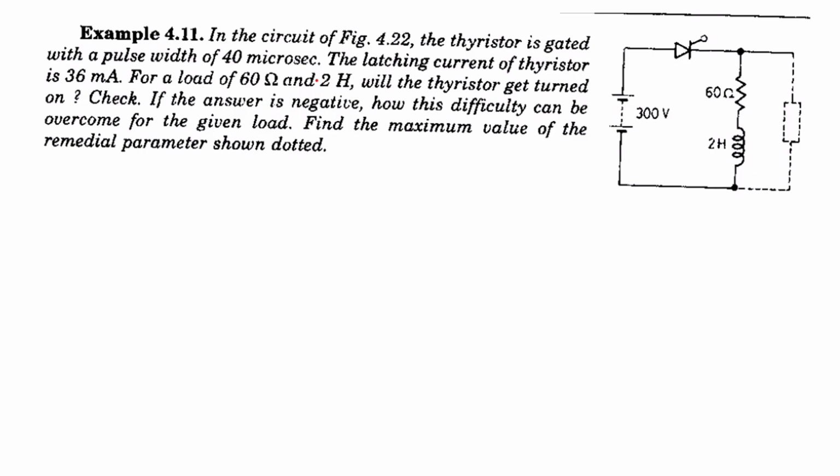So first of all, let's understand the problem completely. We have a source voltage of 300 volts, and this is the DC voltage, and a thyristor switch is there, and the load is 60 ohms and 2 henries.